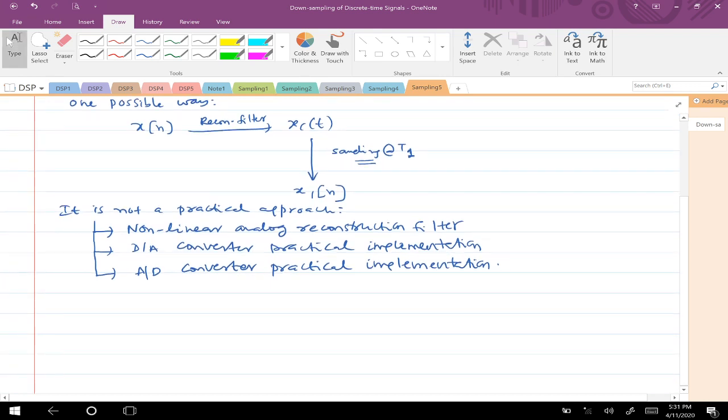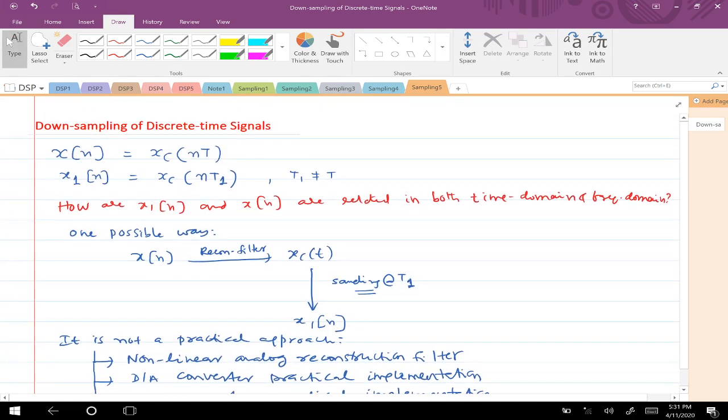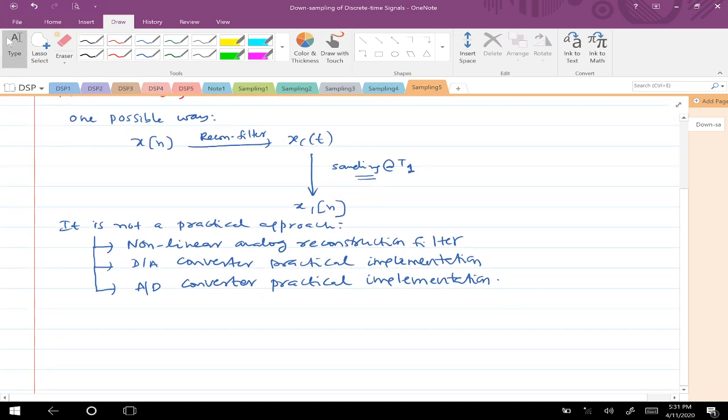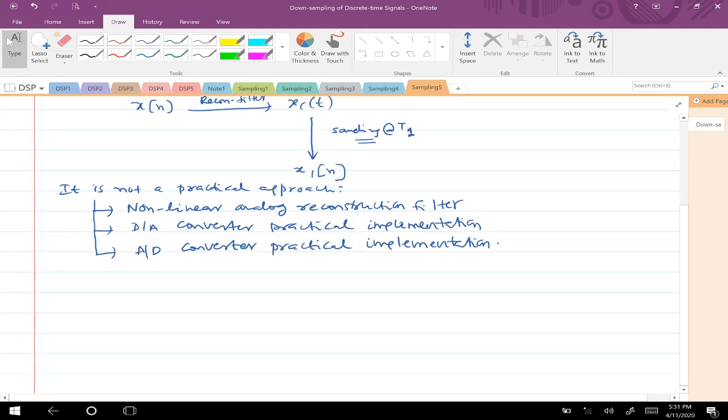So what we would do is sampling rate reduction. In our current scope, that's why we would do downsampling right away on the discrete time signal, or downsampling, rate reduction. More specifically, in this lecture we would look at downsampling by an integer factor.